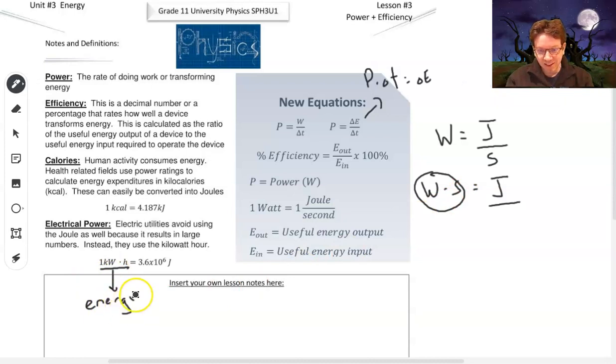It's a unit of energy you'll usually see on your electricity bill, because it looks at how much energy you've used in a certain month. If you use joules, those numbers are going to be huge, because 1 kilowatt hour is the same as 3.6 times 10 to the power of 6 joules. So you use a lot of energy in a house over the course of a month. Your electricity bill will, instead of having huge numbers that scare you, use smaller numbers with a different unit.